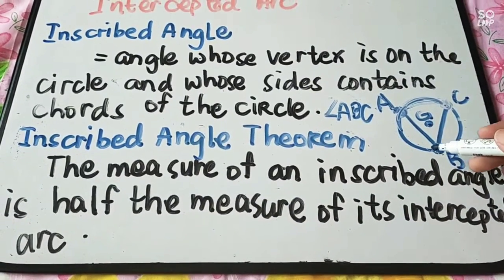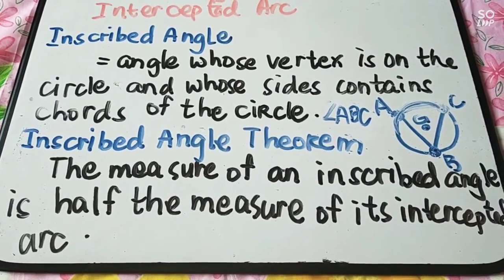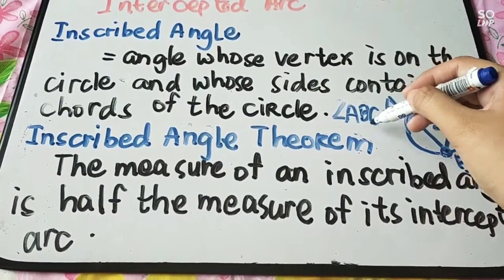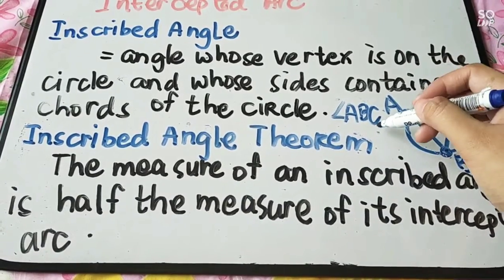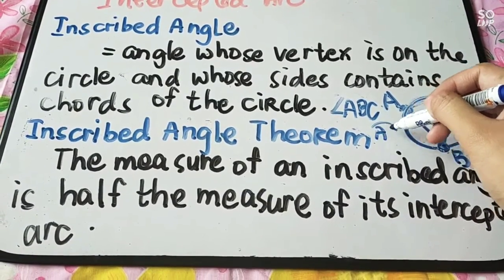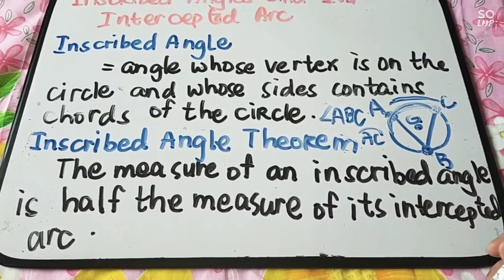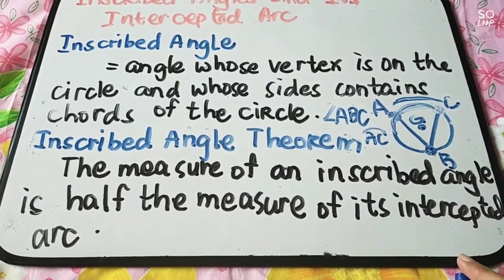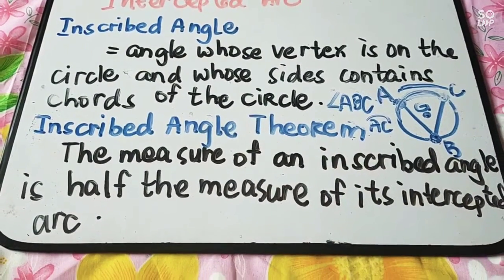Kailangan lagi nasa gitna yung vertex pag magpapangalan ka ng angle. And then, the intercepted arc is arc AC. Ito yung arc na nabuo ni inscribed angle. Is it clear? Next, let's have inscribed angle theorem.